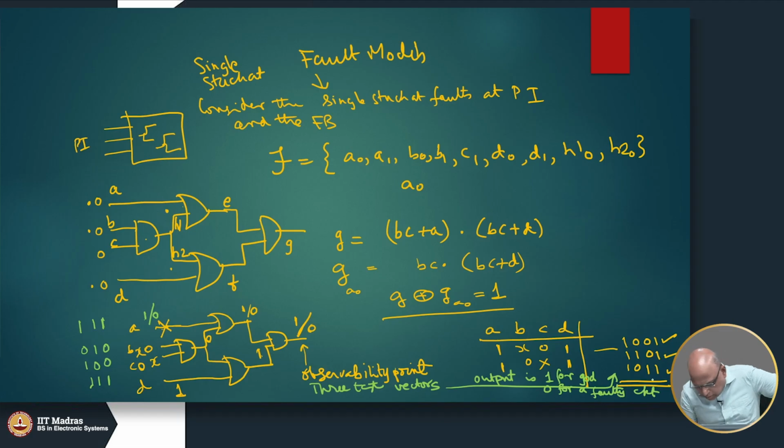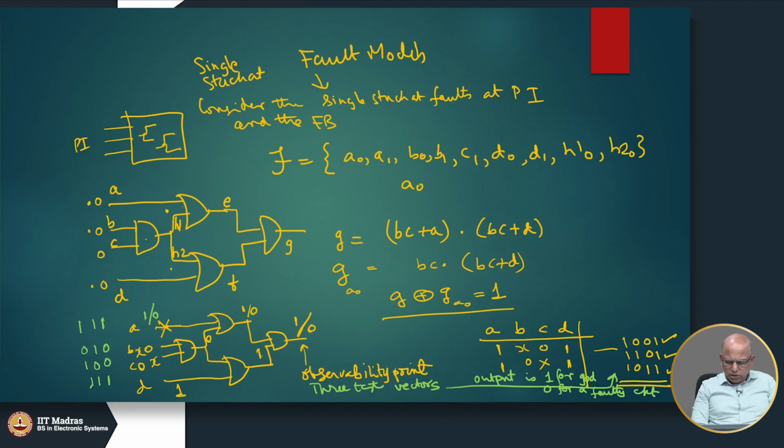So, once again remember that if I apply one of these test vectors and if I observe a 0 at the output, it does not mean that A is stuck at 0. It could be one of the causes, right.